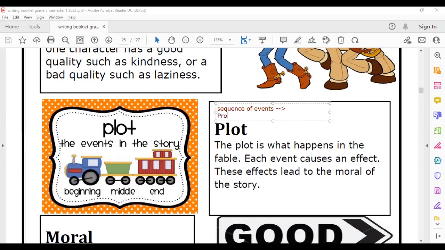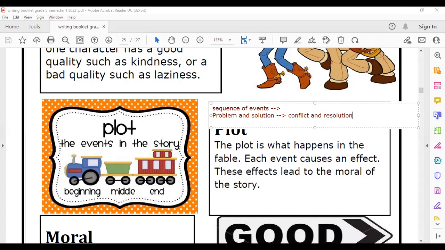Second thing is problem and solution. Okay, and the climax. If the hero is in trouble, he will try to find a solution to that problem. The problem and solution is also called, because now you're in grade 5, so you're not young anymore, you're not grade 2 anymore, conflict and resolution.